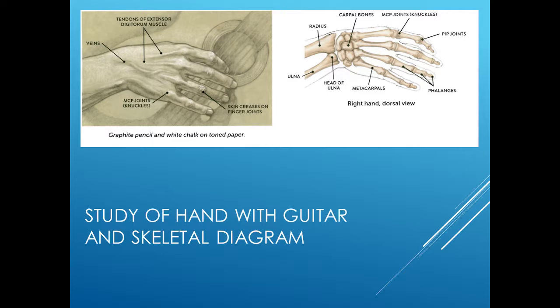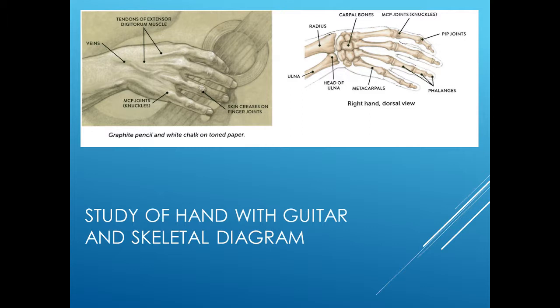All right, here we can see carpal bones, and here radius, ulna, the head of the ulna, which means this must be the pinky, right around here. And then we can see 4 fingers. So these are carpals, metacarpals, and then phalanges. Now this says PIP joint.